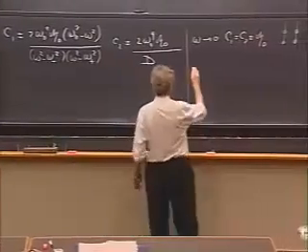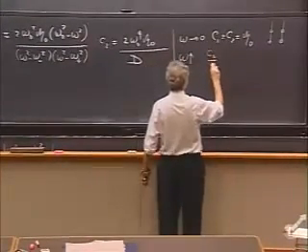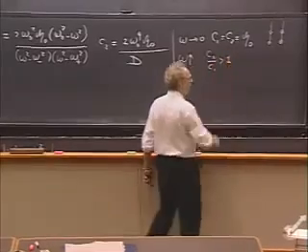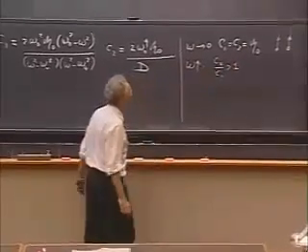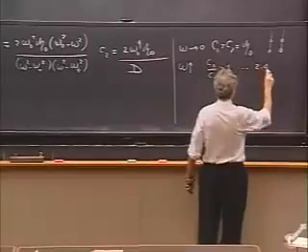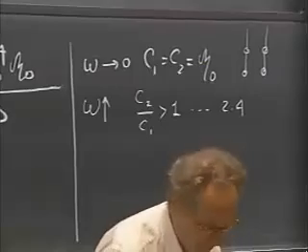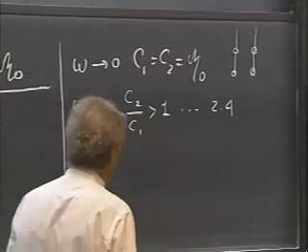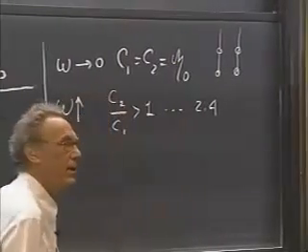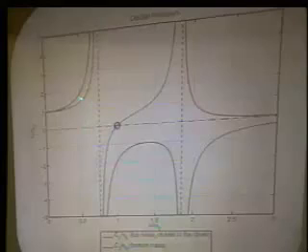So as omega goes up, you're going to see that C2 over C1 is going to be larger than 1. Right there, this one. And then ultimately, it will reach that 2.4, but that is that extreme case of resonance.